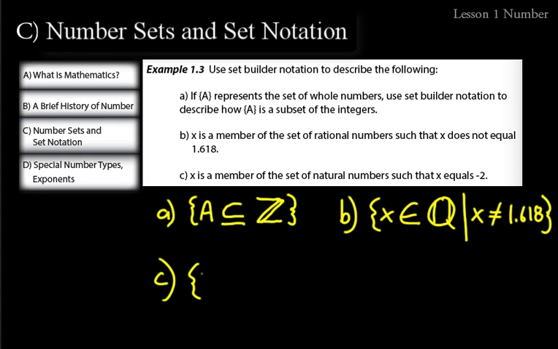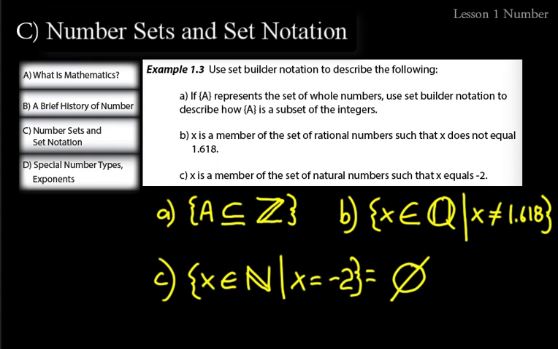We can say X is a member of the set of natural numbers such that X equals -2. And then we'll say that equals the symbol we use for empty set. It's like a 0 with a slash through it. That's an empty set. There's nothing in there. If you wrote that answer out and didn't say it was an empty set, then that's wrong. So you have to have that that's an empty set.